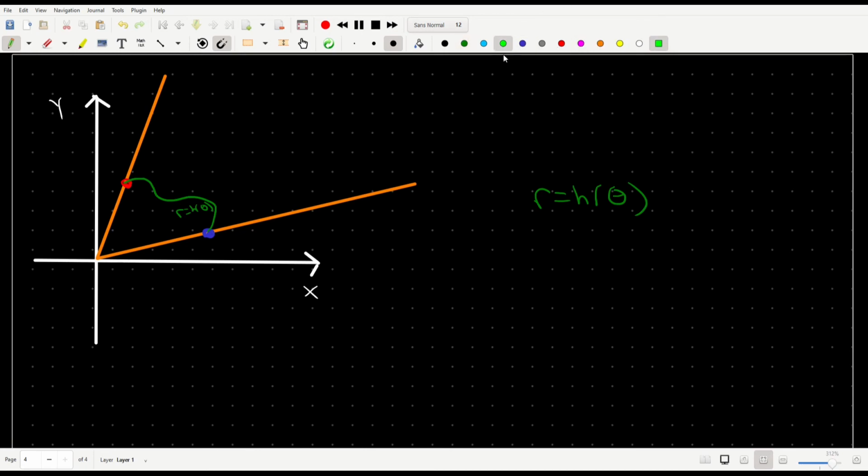And I have a different polar curve. r is equal to some function w of theta. Sort of an outer polar curve and an inner polar curve.